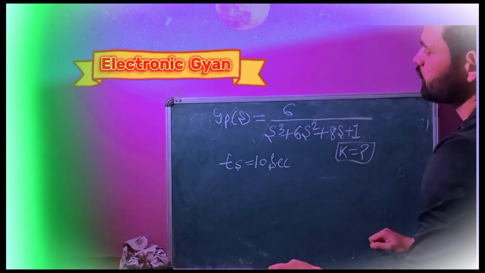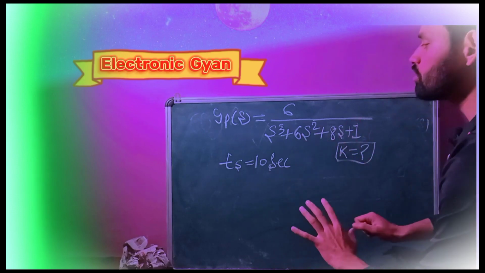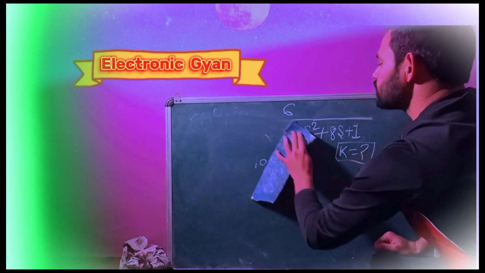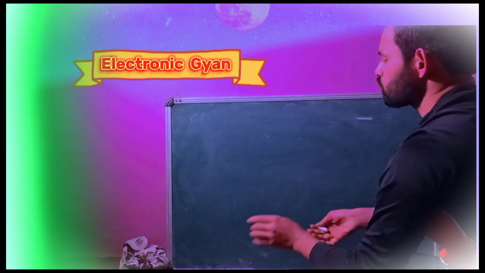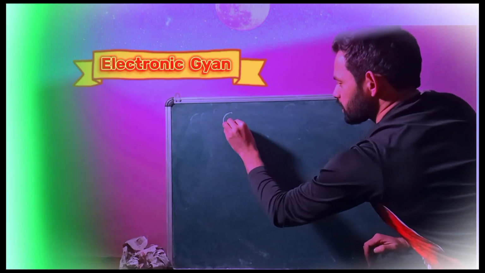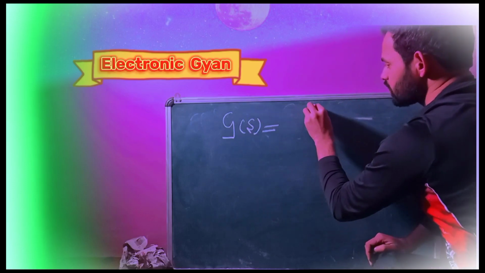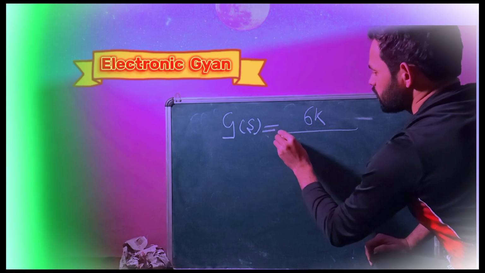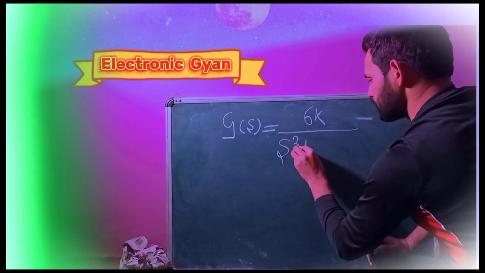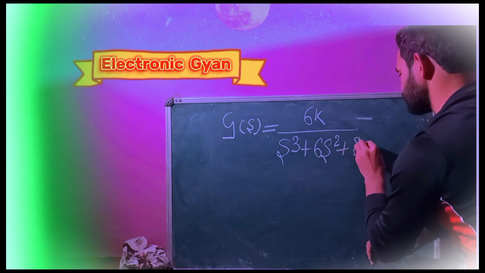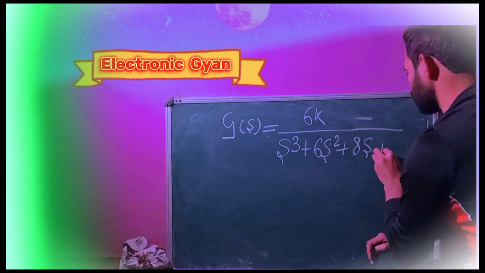Now first we will find the overall forward path gain of the system. The forward path gain of the system is nothing but 6K divided by S cube plus 6S square plus 8S plus 1.